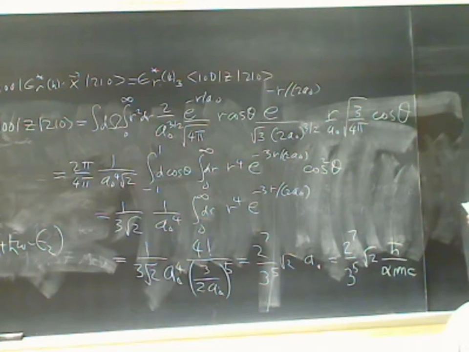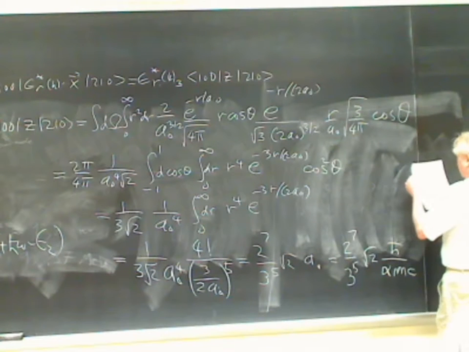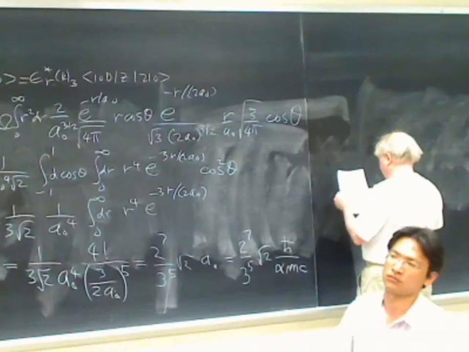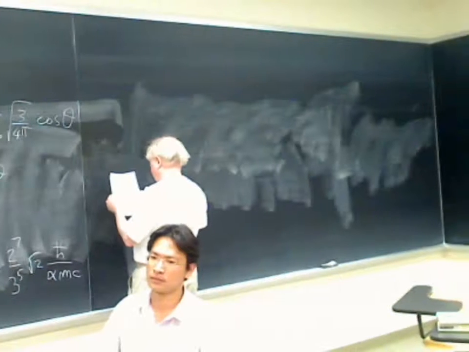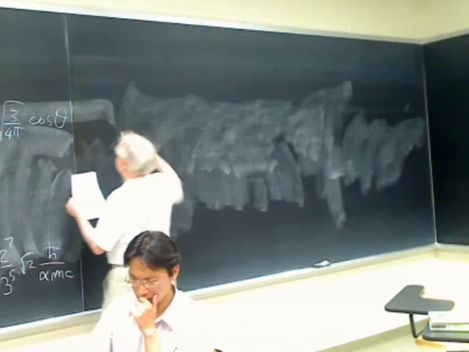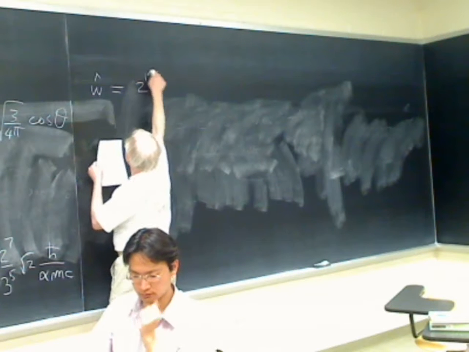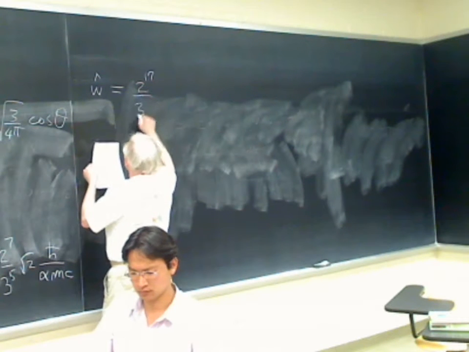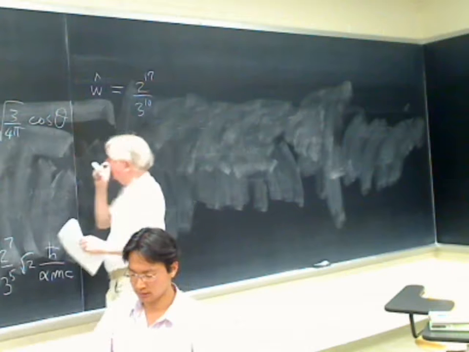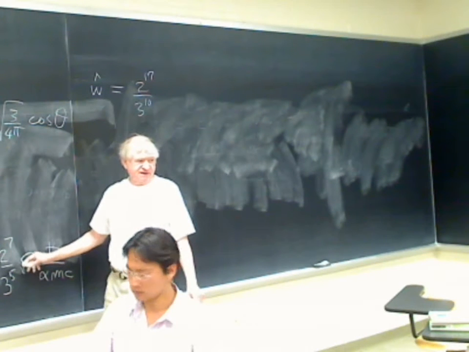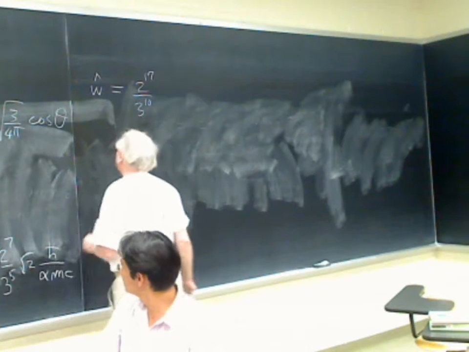And so we substitute in. All right, let me skip a step. So we get W hat as 2 to the 17th over 3 to the 10th. What's happening, of course, is that we're squaring the matrix element. That's why we get these extraordinary powers.